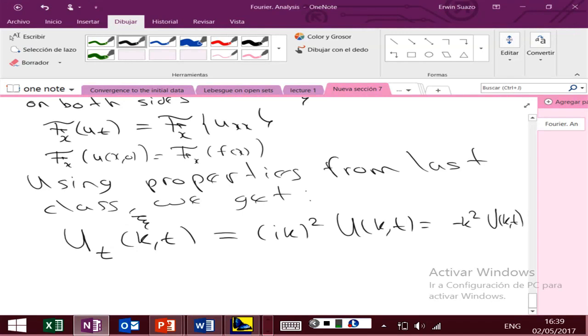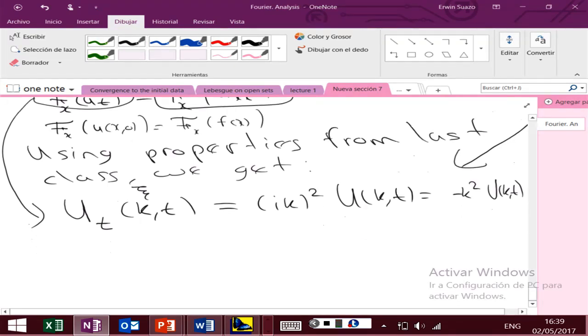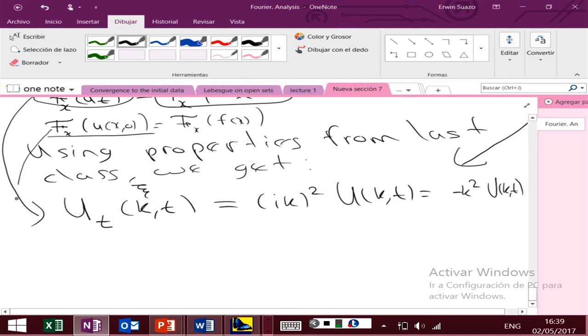That was from last class. And the initial condition becomes U(k,0) equals the Fourier transform of f(x), which I just call capital F(k).